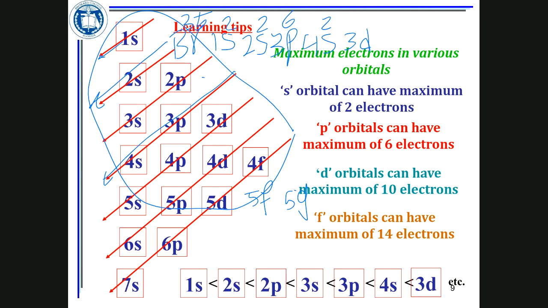We have 5 orbitals of d type in each level, and each orbital takes only 2 electrons, so a maximum of 10 electrons goes to d orbitals in level 3. What comes after 3d is 4p. 4p is going to take 6 electrons.